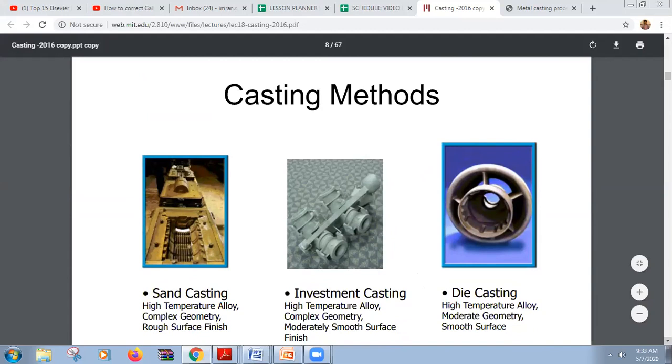In casting, the temperature is kept above melting temperature so that the solid metal is converted into liquid metal, then the solidification time is given, and similarly the part is manufactured.